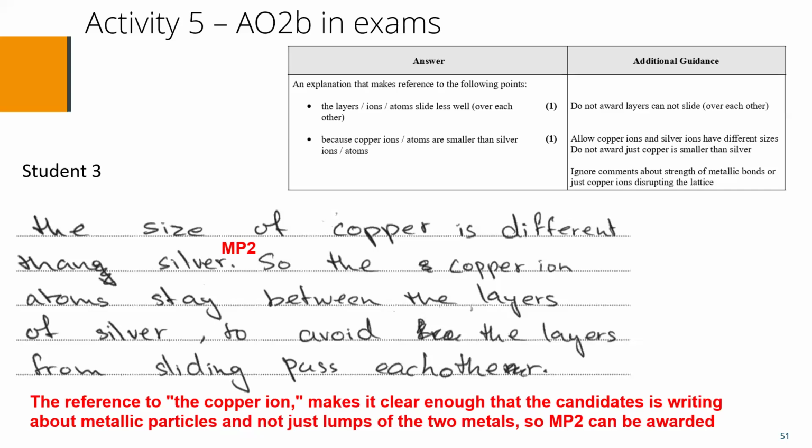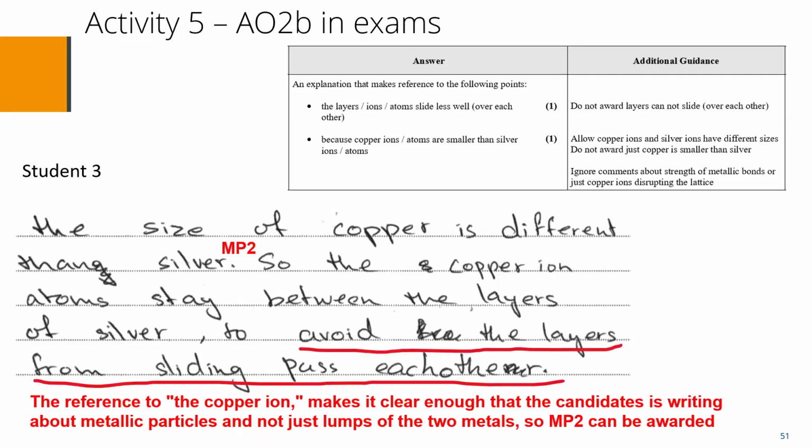Now, when we move further down, we've got to avoid the layers from sliding over one another. Now, to avoid, to me, effectively means that they're stopping the layers. And if you look in the additional guidance, it says, do not award the layers cannot slide over one another.